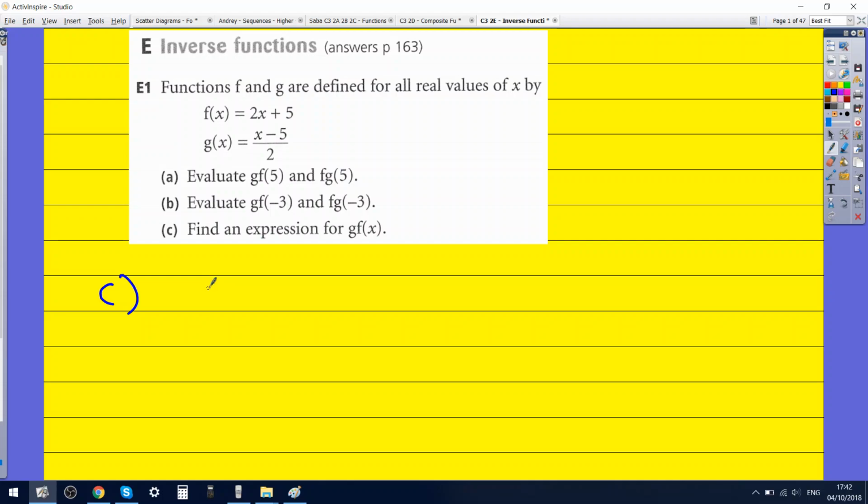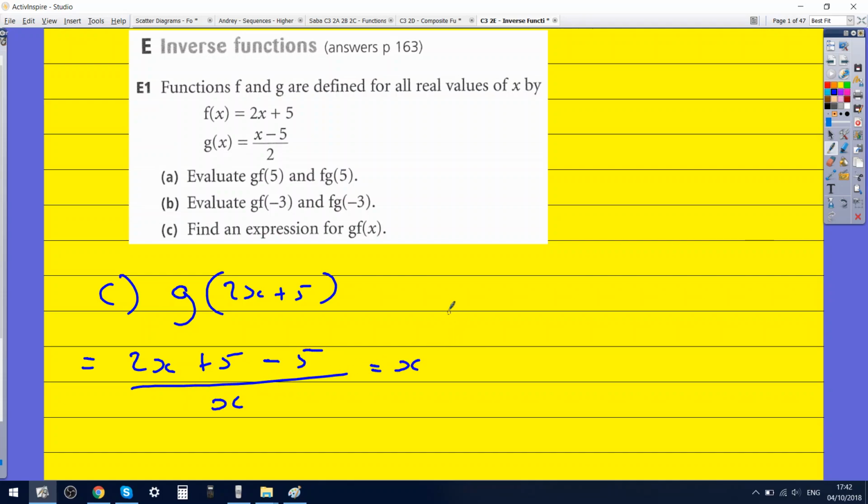So you put 2x plus 5 in brackets, then minus 5 over 2. Then 2x plus 5 minus 5 gives you 2x. 2x over 2 is x. That's it. So that's equal to x. What would be the f of g of x?